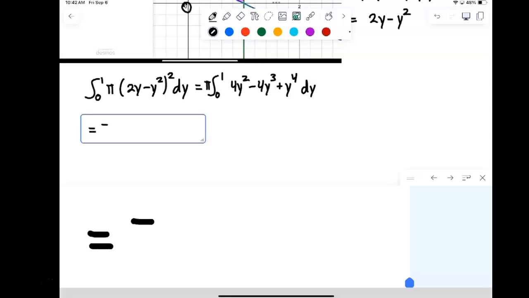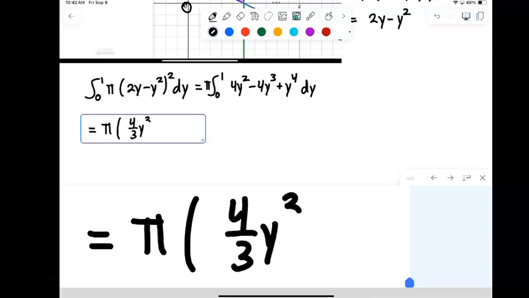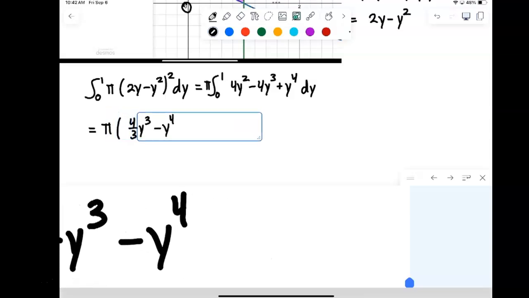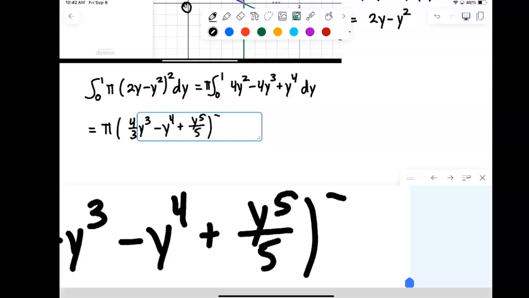Do our integral for 4y squared. When you do the integral, that'll be 4/3 y cubed minus y to the 4th plus y to the 5th over 5. And that's all evaluated between 0 and 1.